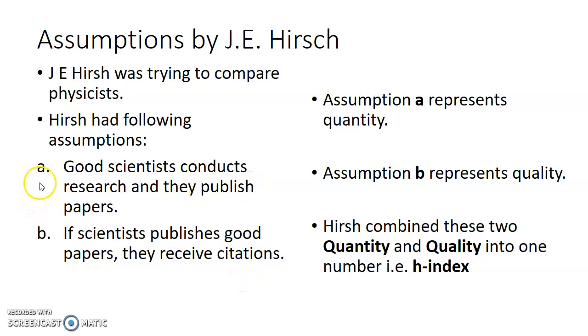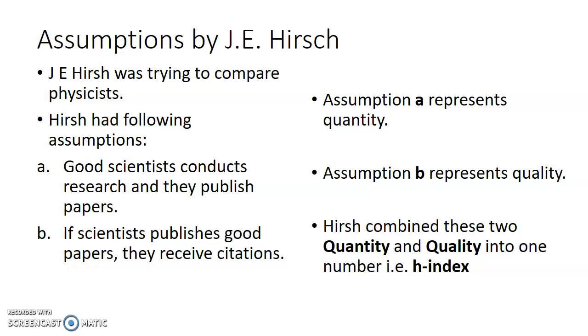Assumption A was thought to be a representation of quantity, that is, the quantity of research being conducted by a scientist. And assumption B represents the quality, that is, what type of research is being conducted by a scientist. Hirsch combined these two, quantity and quality, into one number called the H-index.